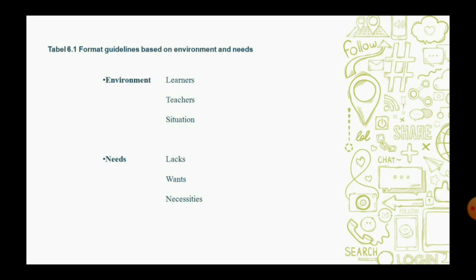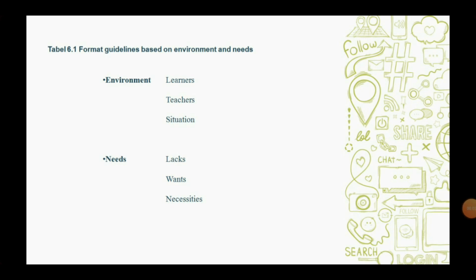And then for needs. Lacks. The learners should be able to successfully complete the activities. Wants. The activities should take account of what the learners expect to do in a language learning course.